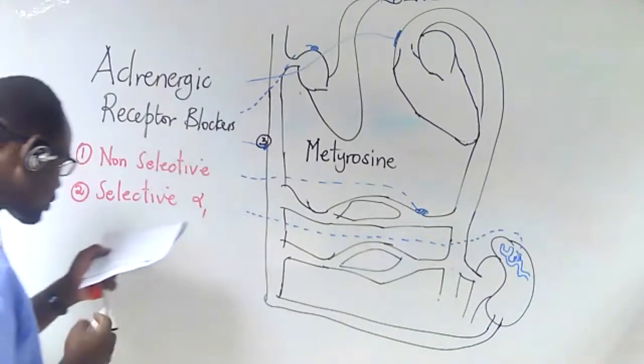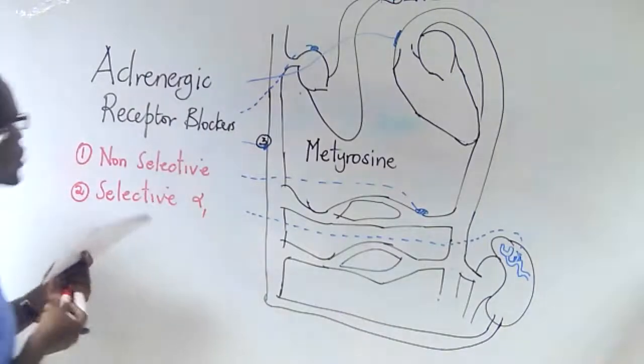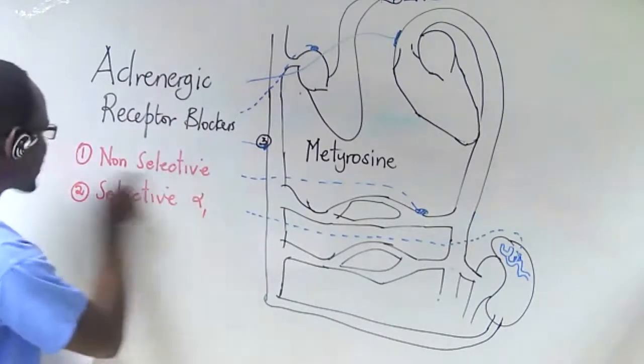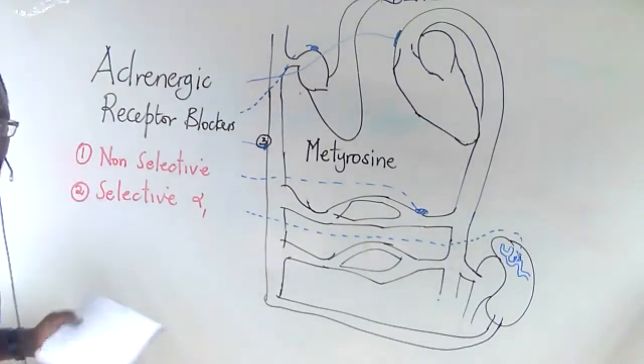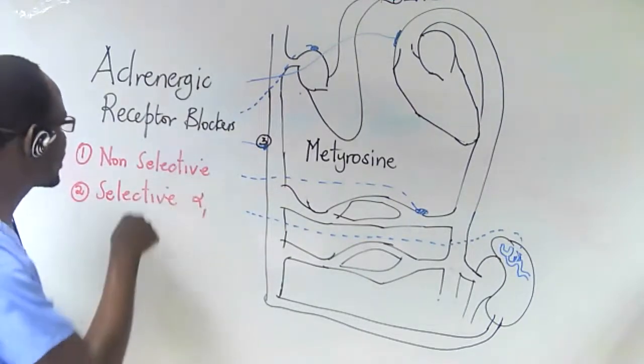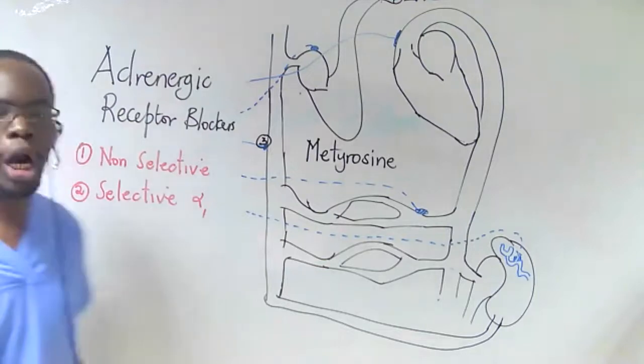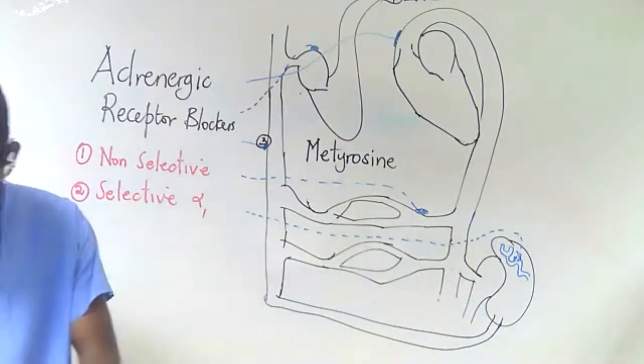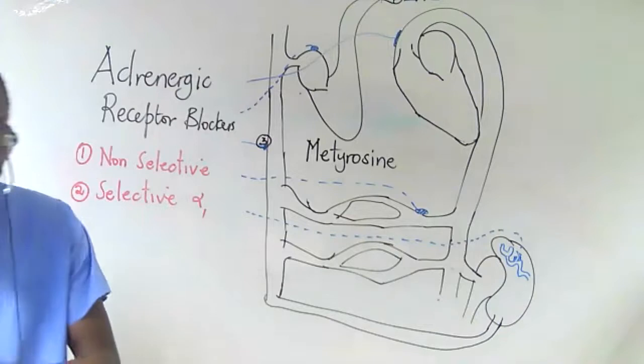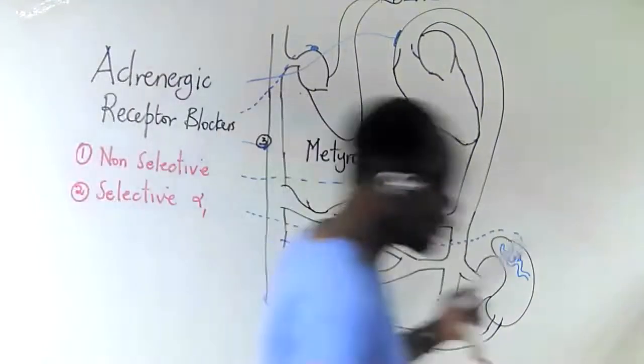Let's first talk about the non-selective. These block both alpha 1 and alpha 2.